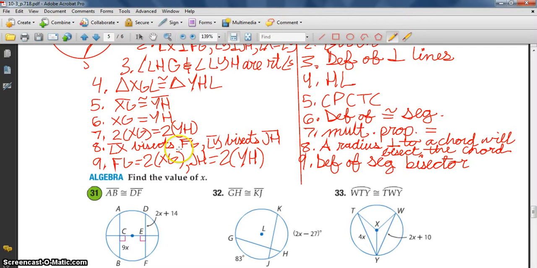With that said, we know that FG is equal to JH by substitution.